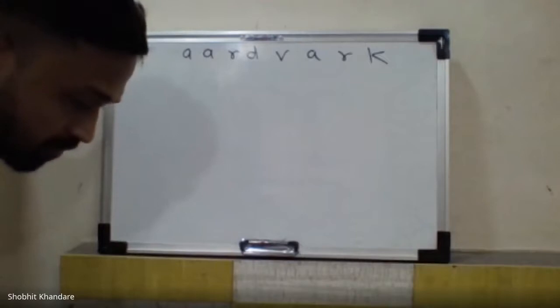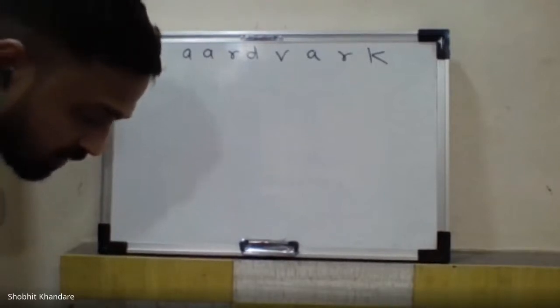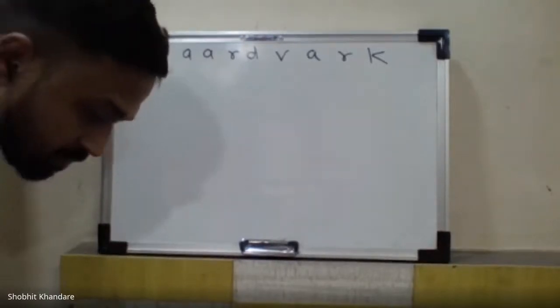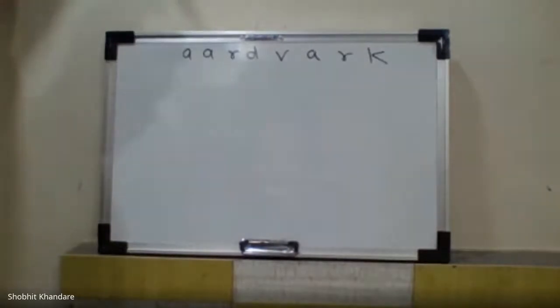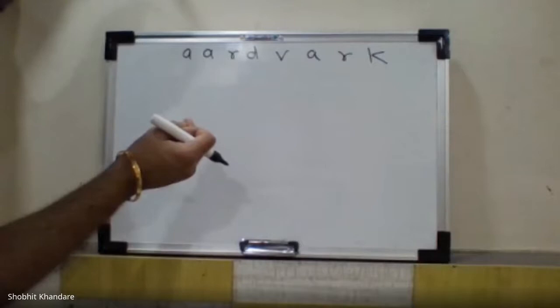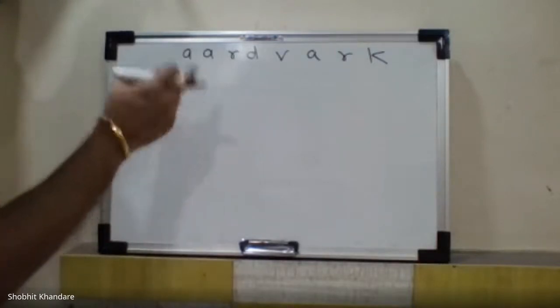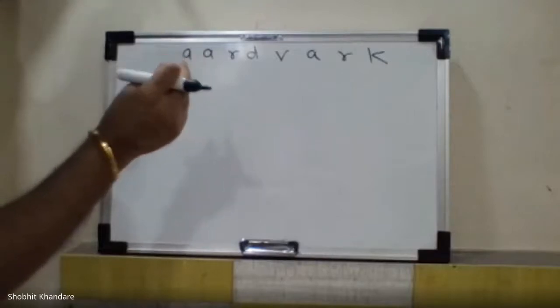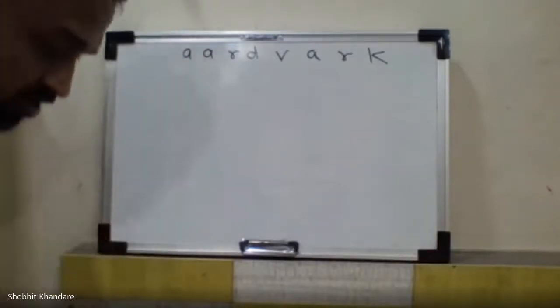See the tree diagram now. In the tree diagram, when you go from the root towards NYT, the initial NYT is always taken as 0.